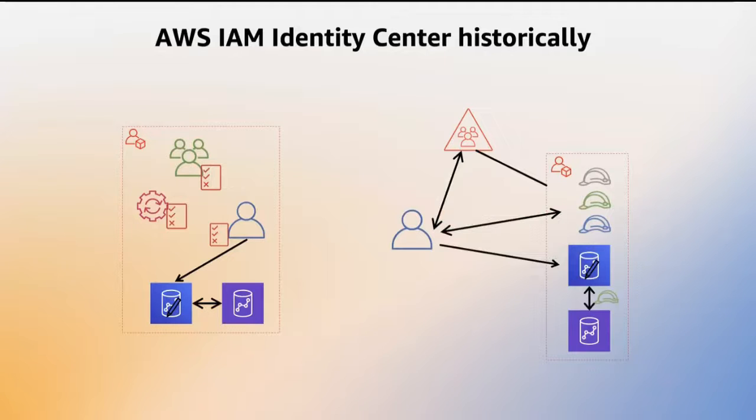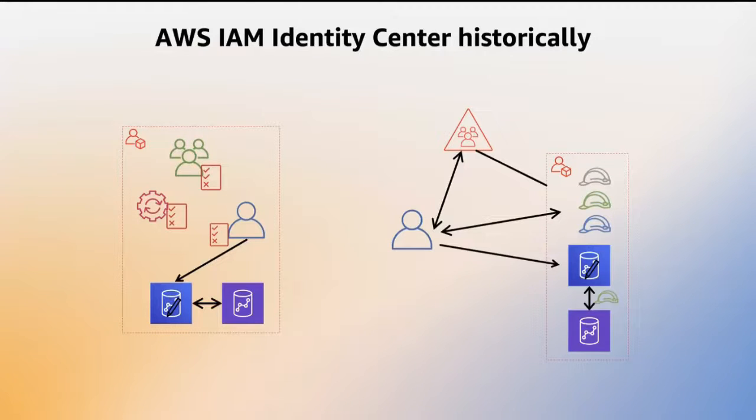Customers also told us it's hard to understand which users used which services because the user identity was lost after a user assumed a role, and they wanted a better way to track that. For AWS managed applications, the account federated model was a challenge because users had to assume a role to access something, and the application had to try and figure out who the user was based on the assumed role.